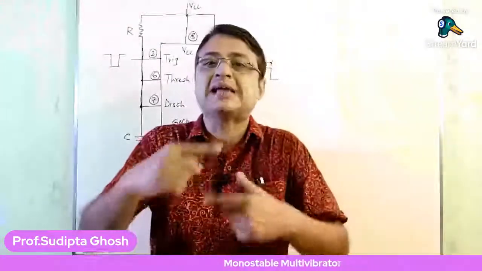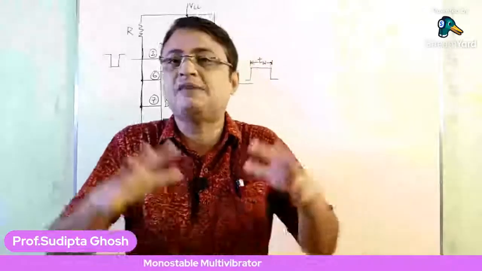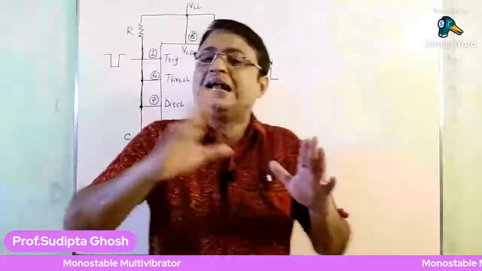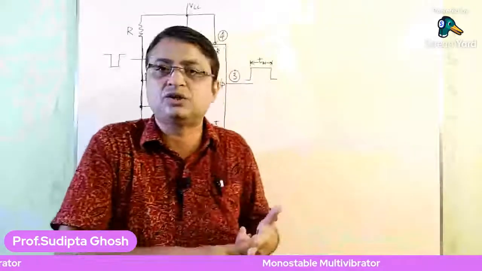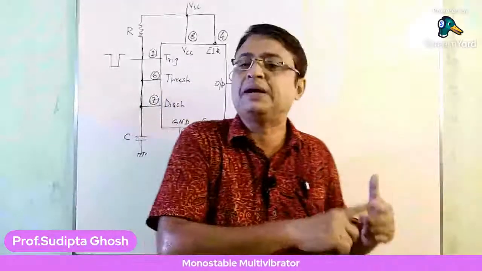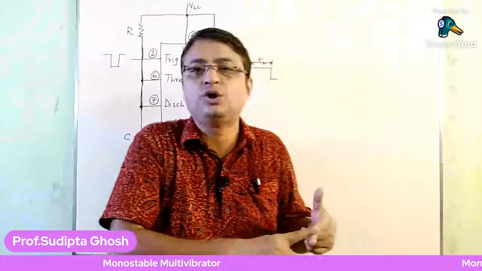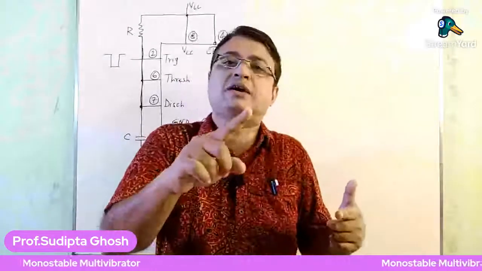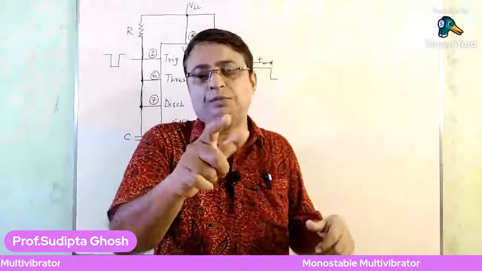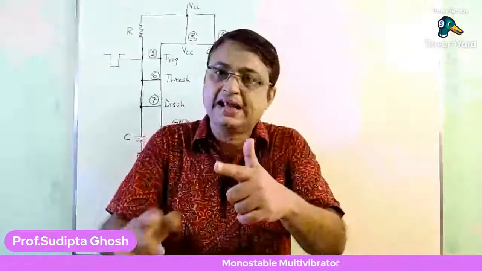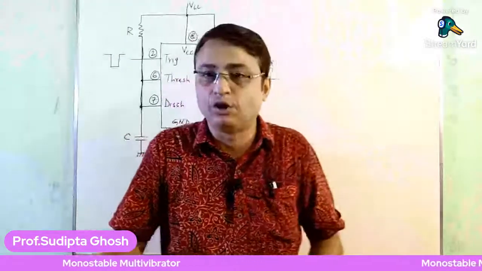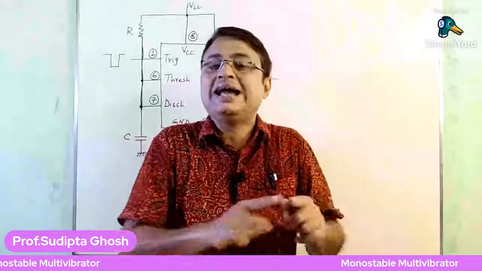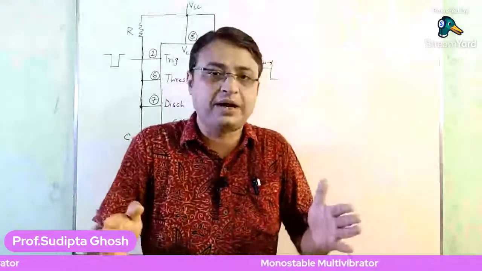So this is a cycle. I have already discussed the entire cycle. Initially, when the capacitor is at 0, it goes to a value of 3.4 or 3.5, and then shifts again to 0 volts. So this is the entire stable state of operation.